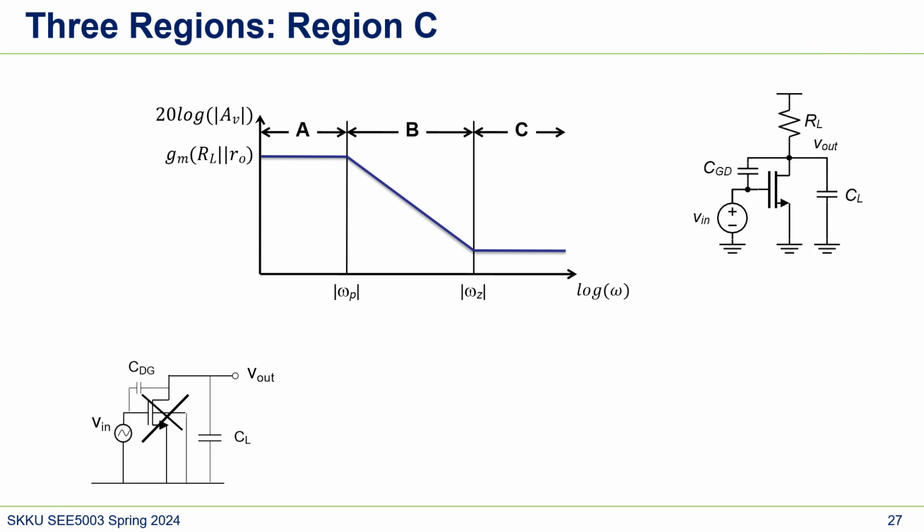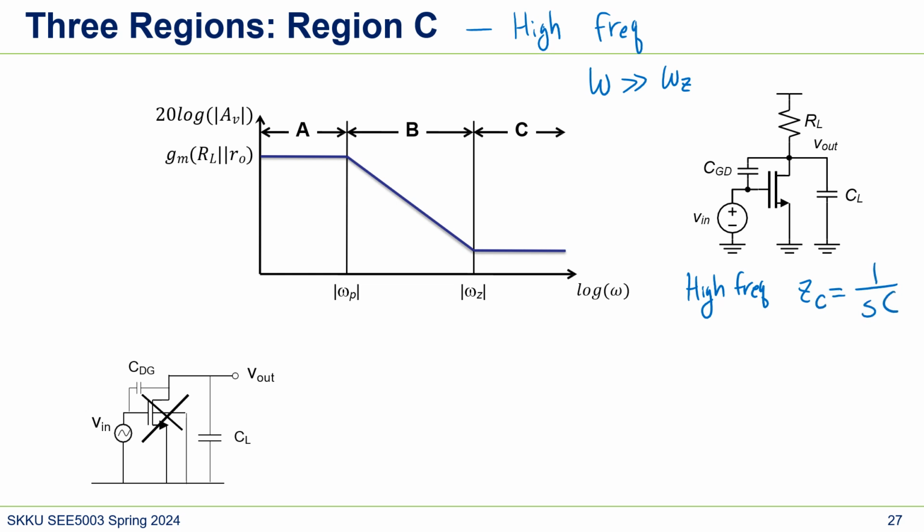And region C. So region C means high frequency. When we say high frequency, it means that omega is larger than omega Z. We already talked that if frequency is high, the impedance of the cap, ZC, is 1 over SC, right?